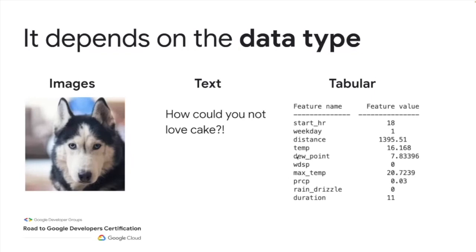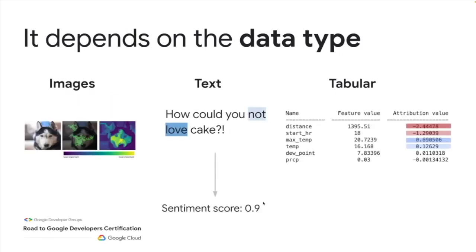So there are different ways in which data can come through. You can do different things with the different types. Like, for example, in an image, you can look at the image and decide what are important features in the image and what are not.